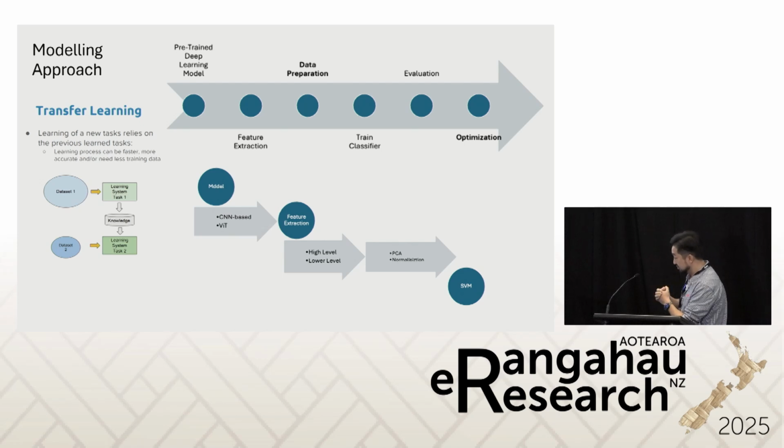Here's how it works. First, we test different pre-trained models, such as CNN-based or vision transformer-based models, and the layers for feature extraction, as you can see here. Then we use that extracted feature as input data for training the downstream classifier.